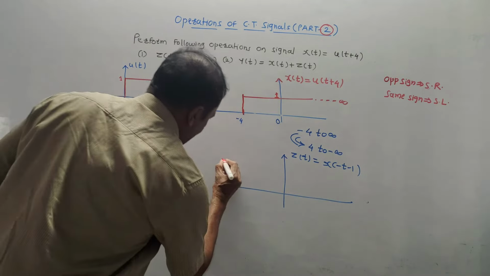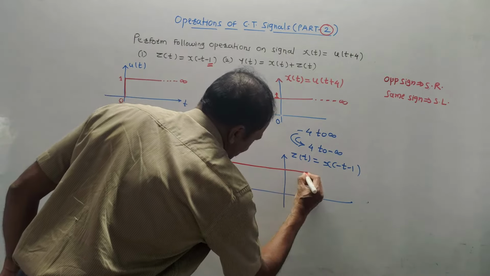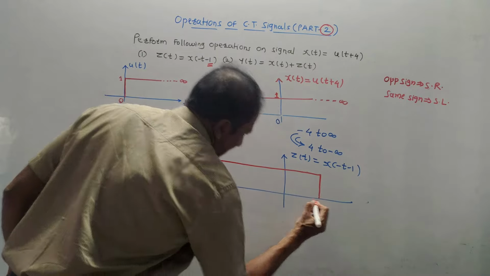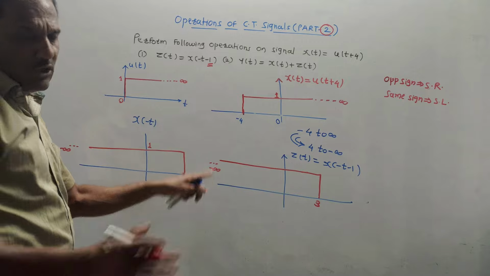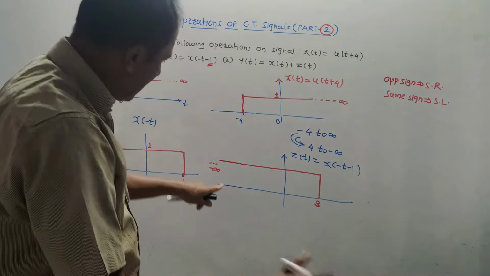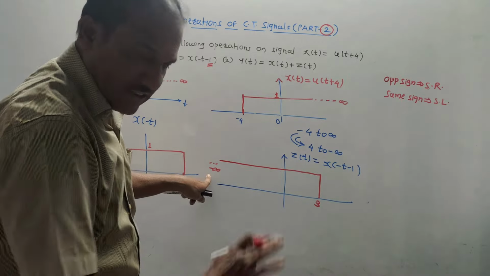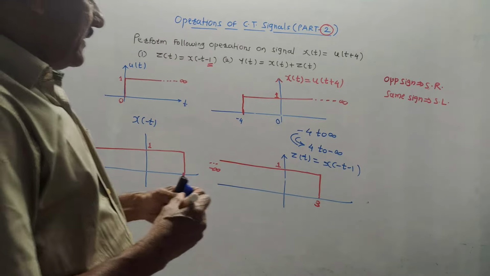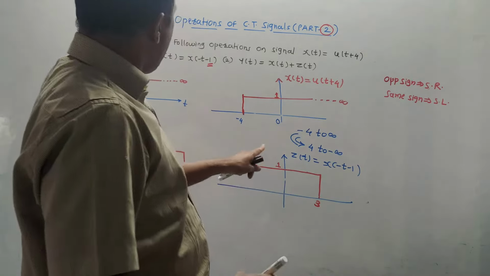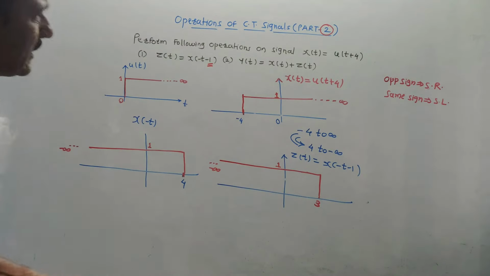So new diagram will be till 3, amplitude remains as it is. So 3 will be the ending point, minus infinity will be the starting point, because minus infinity plus minus anything will give you the result minus infinity only. So this is the diagram of z of t, that is x of minus t minus 1. Now let us solve the second part.